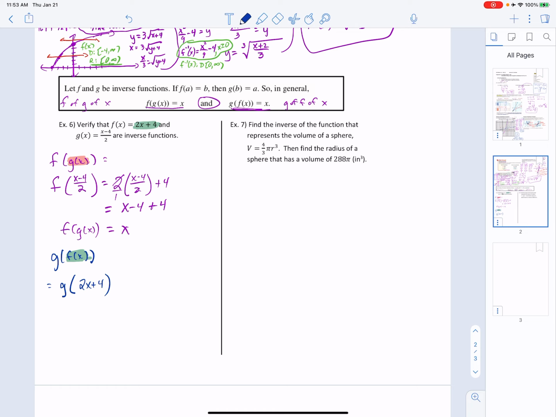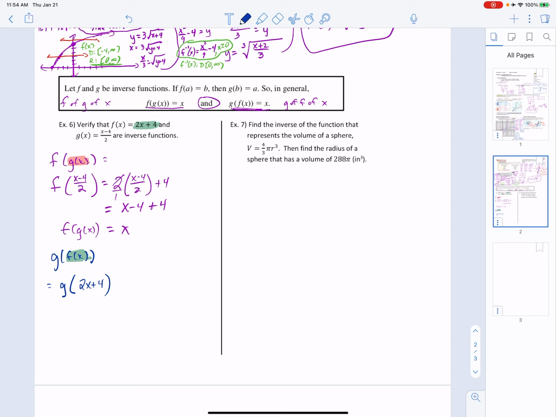That means for every x I see in the function g, I am going to replace the x with the expression 2x plus 4.